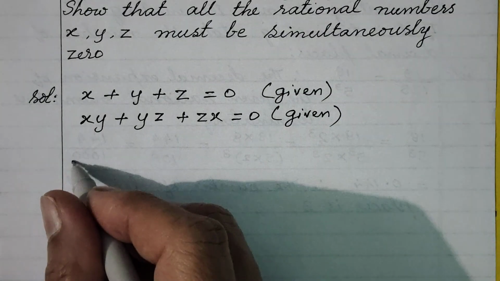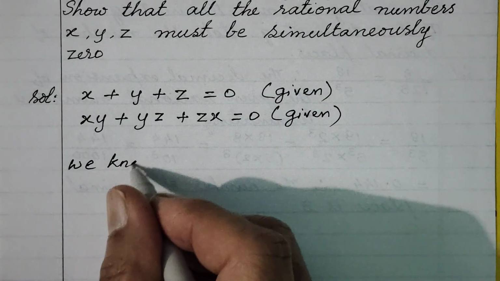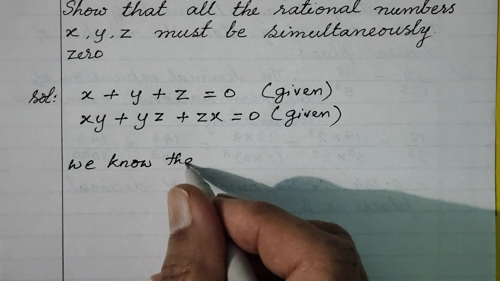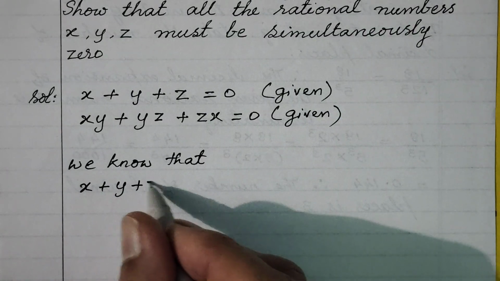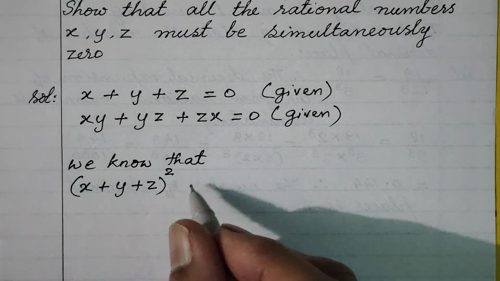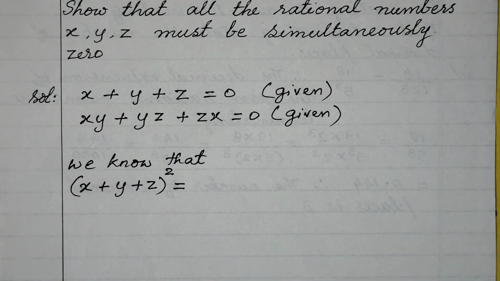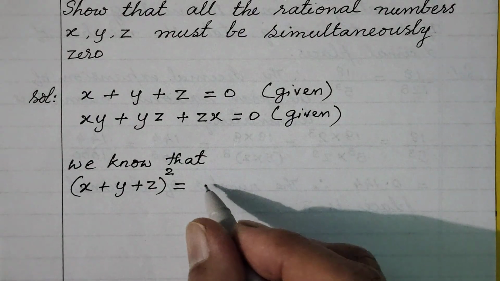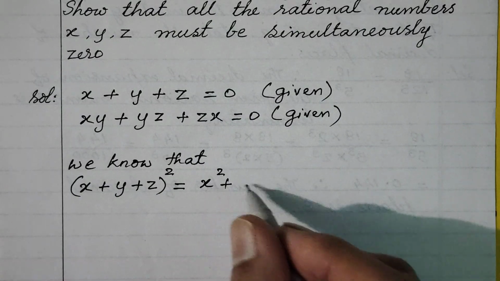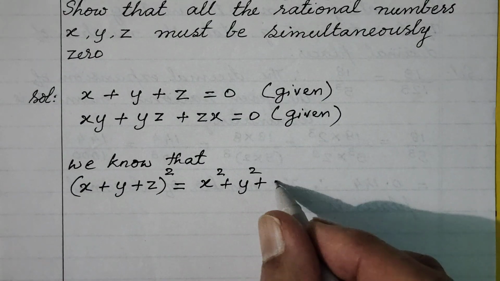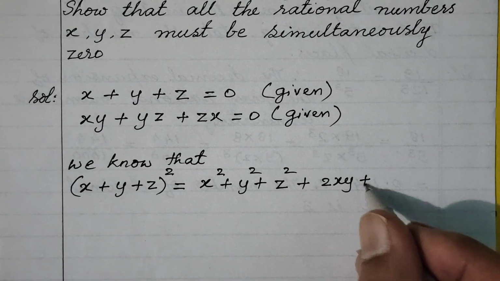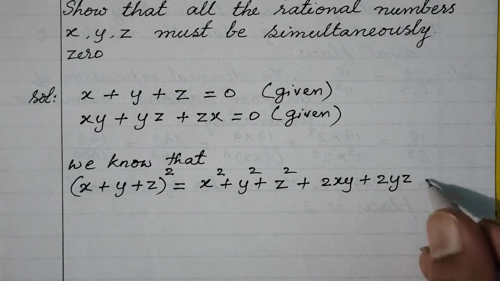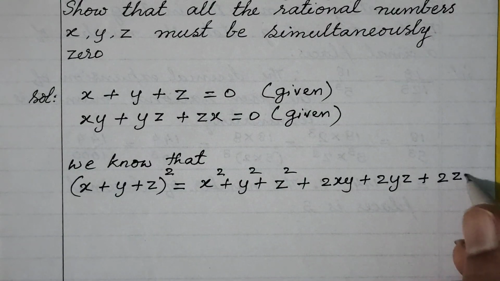Now we know that x plus y plus z whole square is equal to x square plus y square plus z square plus 2xy plus 2yz plus 2zx.